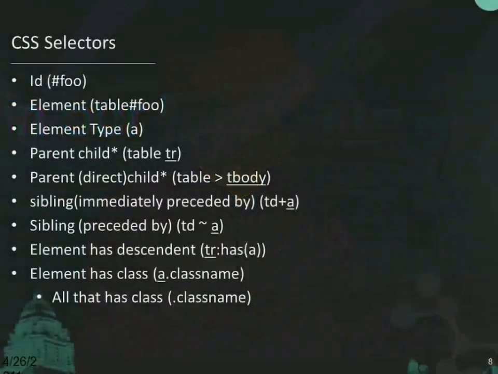So it's very close to all. So we can do things like, all right, I want to find something by ID. I want an element, so you can use an HTML tag. I want an element that's named foo. I want a parent and child as I showed earlier, or a direct descendant, or a direct parent. And we can do all these different types of things and more.